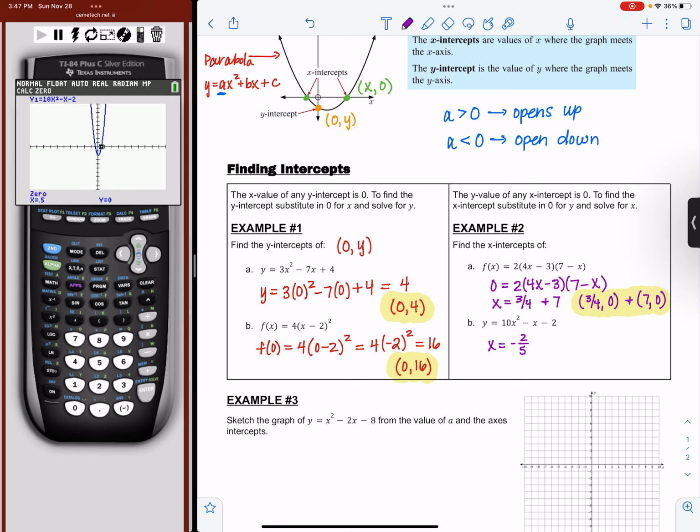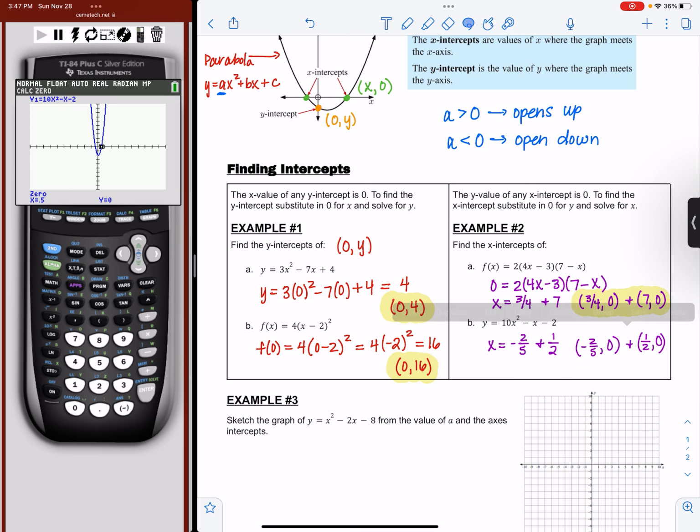I press enter again and see that I have 0.5. So my x-intercepts are negative 2/5 or positive 1/2. Written as points, that's negative 2/5, comma 0, and 1/2, comma 0.